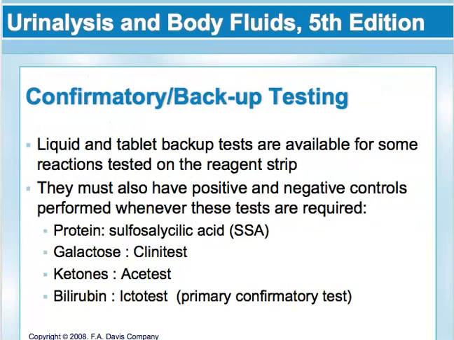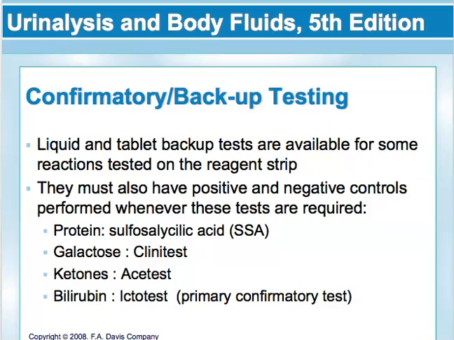Okay, and then backup testing. So confirmatory tests are defined as tests that use different methodologies or reagents to detect the same substances as detected by the reagent strips with the same or greater sensitivity or specificity. So they make liquid and tablet backup tests available for some reactions if you are getting what you think are questionable results on the reagent strip.